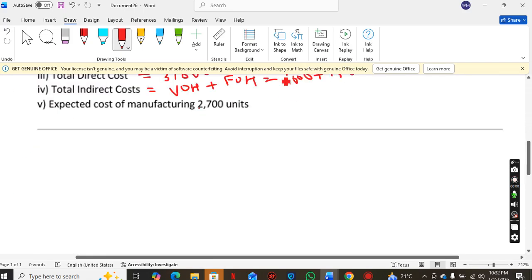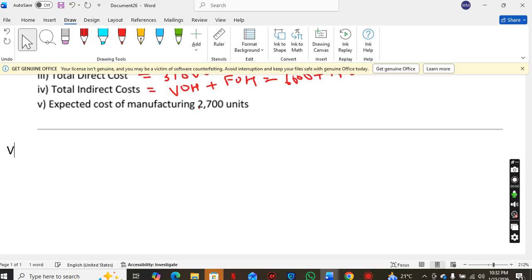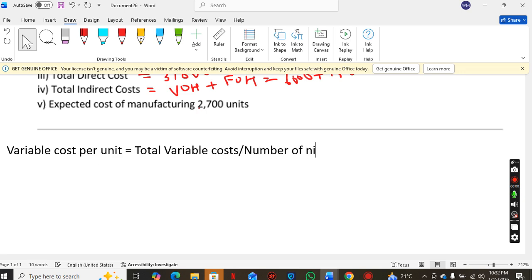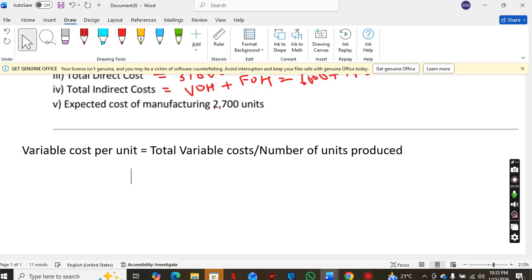So we're going to say variable cost per unit is going to be our total variable costs divided by number of units produced. So total variable cost, we have our direct materials, DM, direct labor, and our variable overheads, over number of units produced.